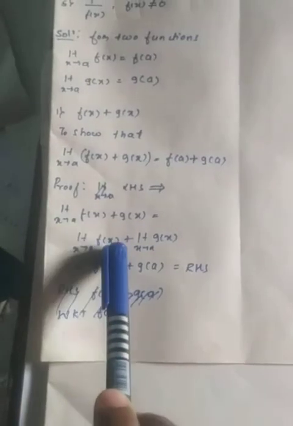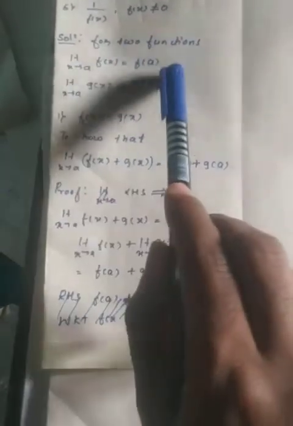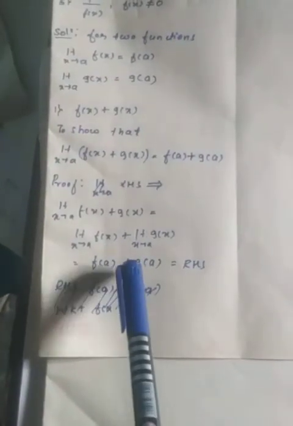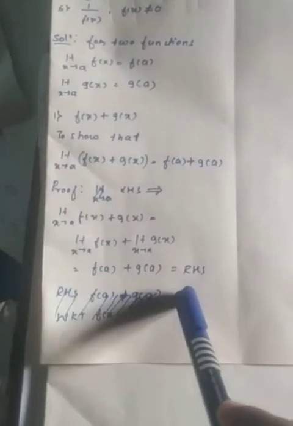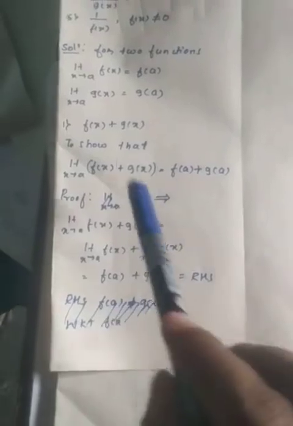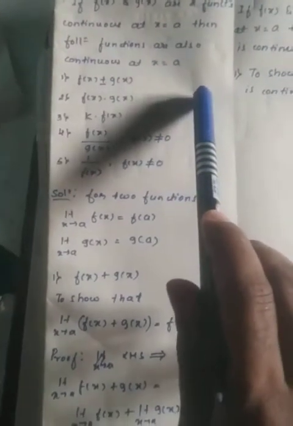Limit x tends to a of f of x converts to f of a, plus limit x tends to a of g of x converts to g of a, which is f of a plus g of a, your RHS. Now we have shown that f of x plus g of x is continuous at x equal to a.